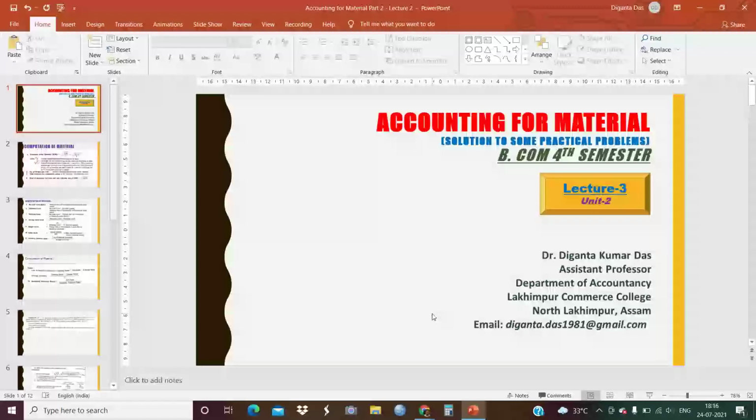On the other hand, there are maximum level and minimum level. These are some level settings. How much quantity should be ordered at the maximum level? What will be our minimum level?